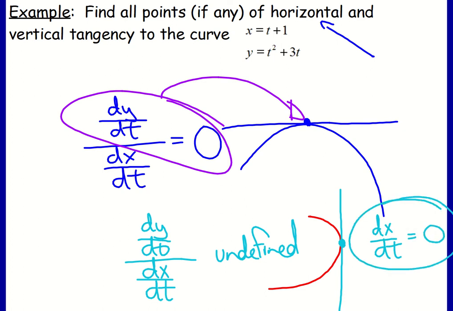So if you're asked to find a vertical tangent, you set dx dt equal to 0. If you're asked to find a horizontal tangent, you set dy dt equal to 0. There are some cases, if you're not looking at continuous smooth functions that are differentiable everywhere, that would change, but for what you need to do right now, that's fine.